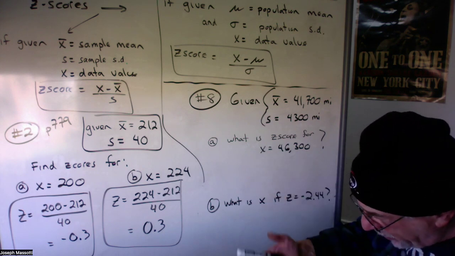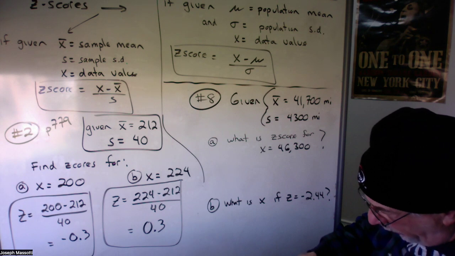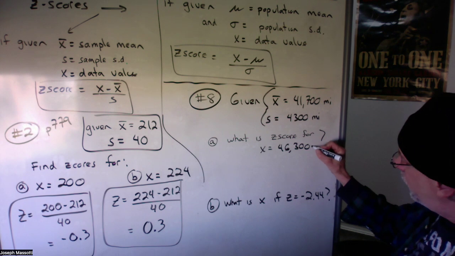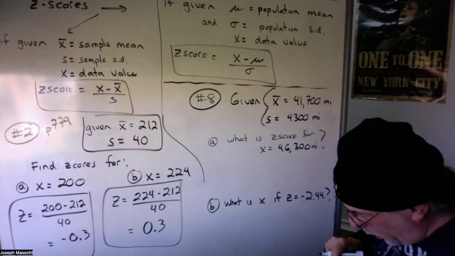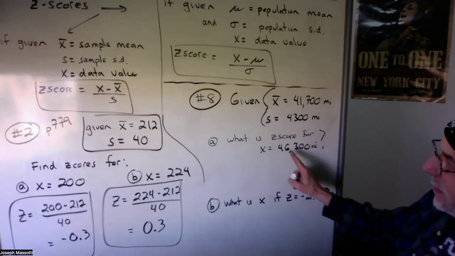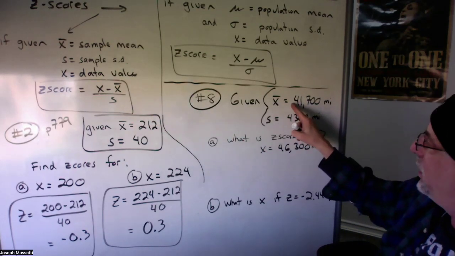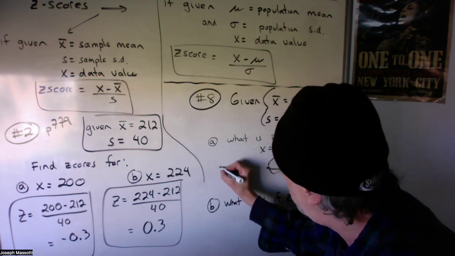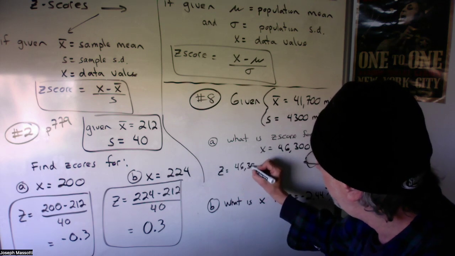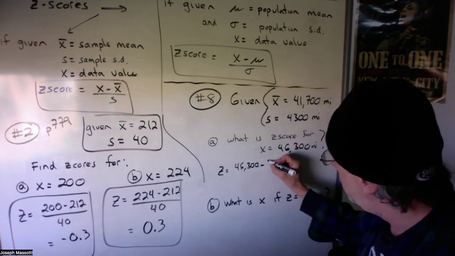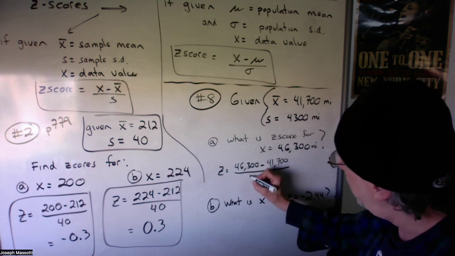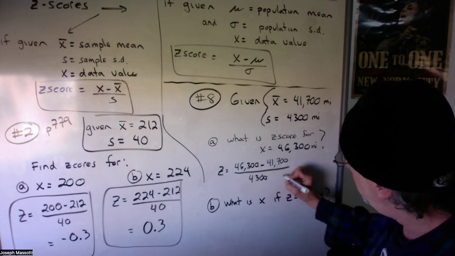Determine the z-score to the nearest hundredth for a tire that produced 46,300 miles. So all we're doing is putting this x into this formula with this mean and this standard deviation. So no big deal there. Same as we've been doing. 46,300 minus the mean divided by the standard deviation.